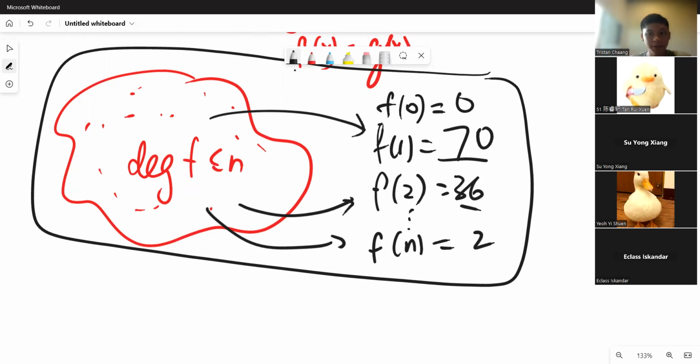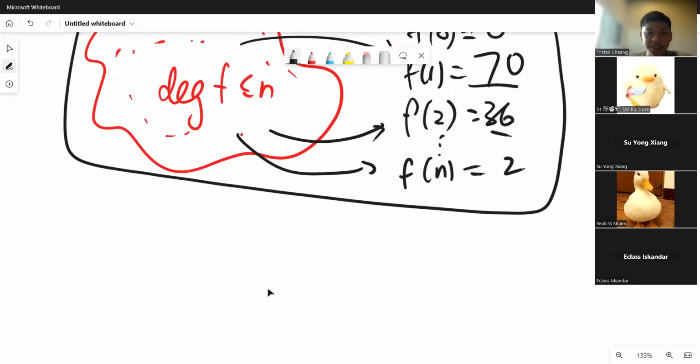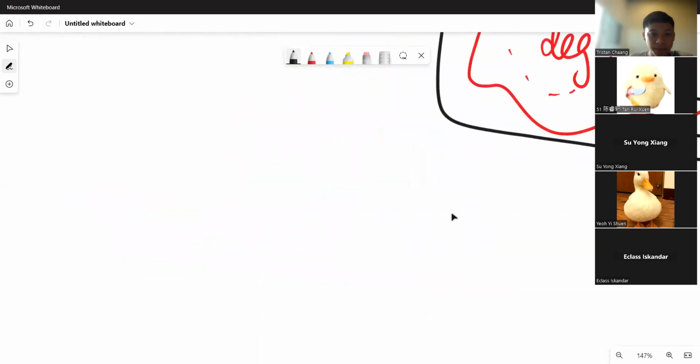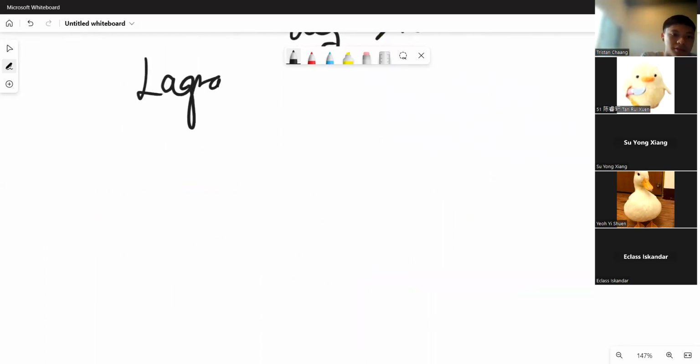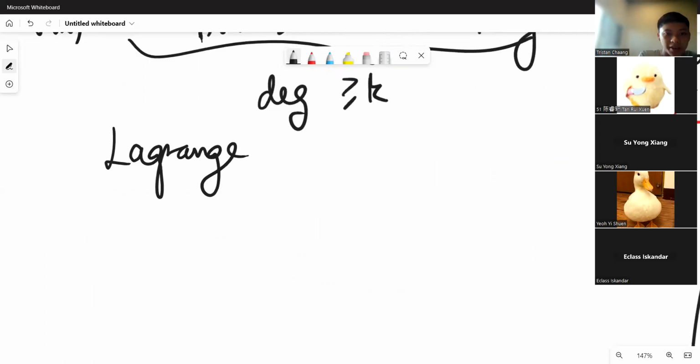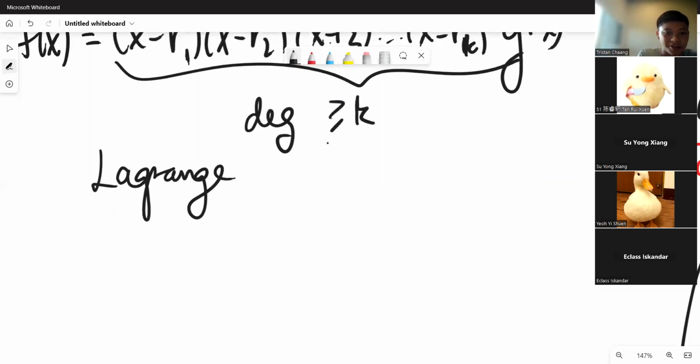So there must be one, and therefore there's exactly one, because you cannot have two, you cannot have none. So the next thing, we're going to call it Lagrange interpolation. Or I think it's French, so probably Lagrange interpolation.